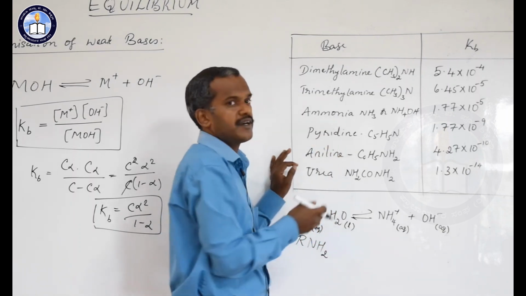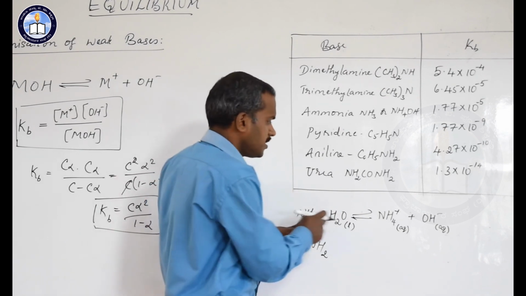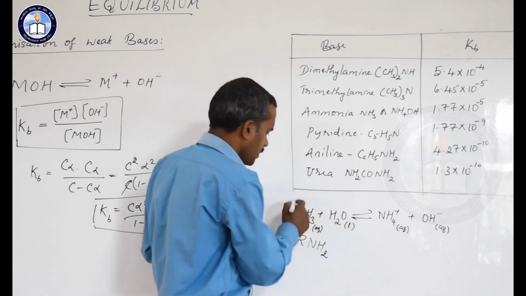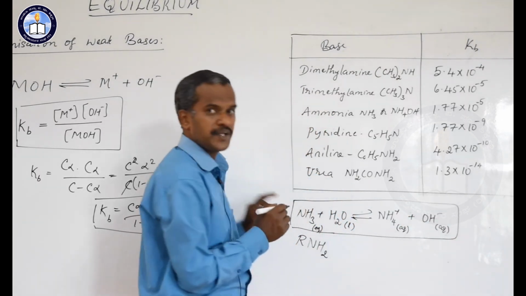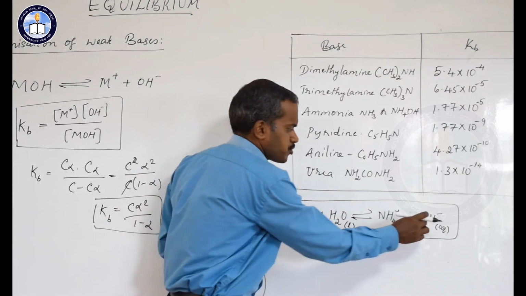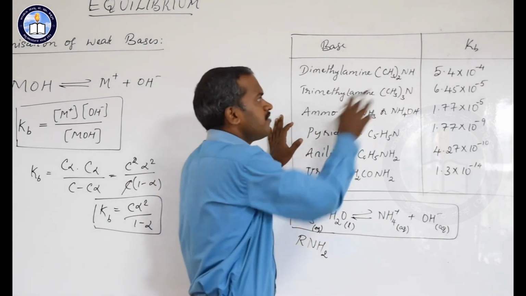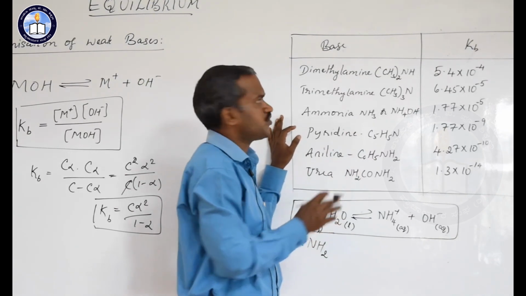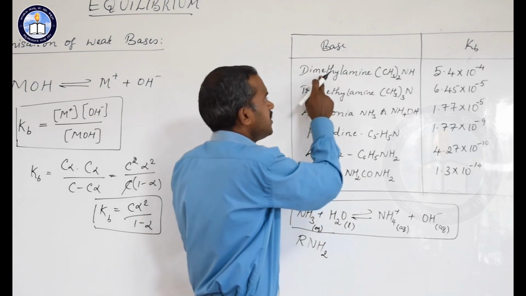So there are different classes of amines we can study, which are all derivatives of ammonia. They are all basic in nature. So remember this equation: ammonia in the aqueous medium dissociates to produce OH minus, so it is a base. Now you can understand some of the dissociation constant values of bases like derivatives of ammonia.